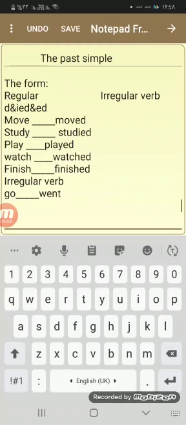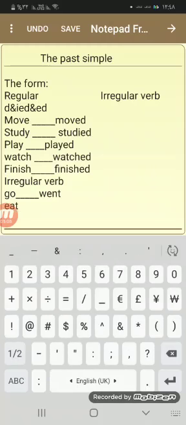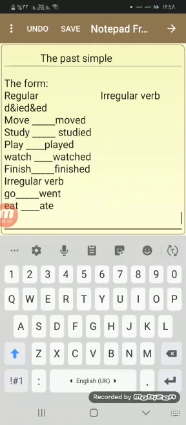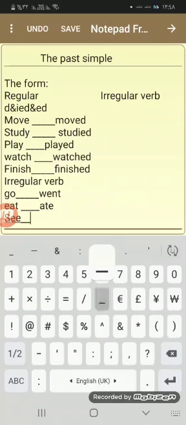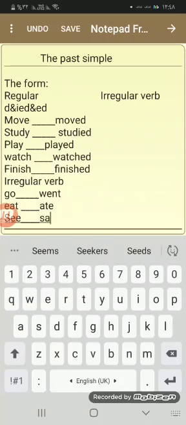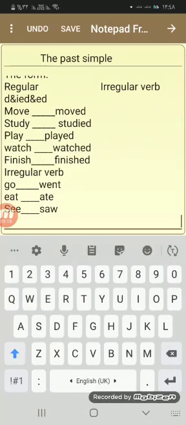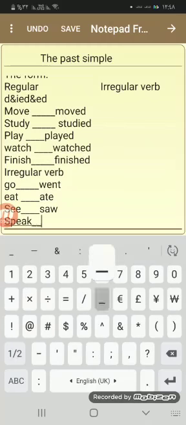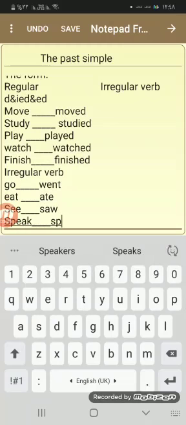If I give you the word eat, the past form of eat is ate. The word see, the past form is saw. The word speak, the past form is spoke. We have many irregular verbs.